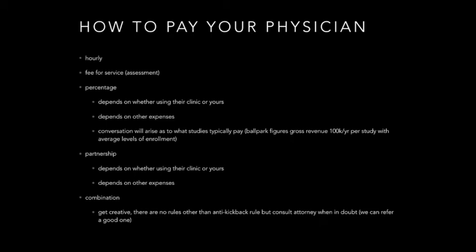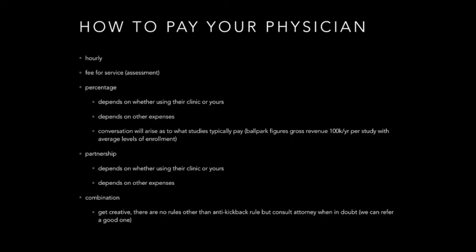And again, you're going to have them as an independent contractor. You're going to pay them as an independent contractor, okay, a 1099. They're going to get a 1099 at the end of the year. And under this model, you're going to pay them a percentage of the gross income that you receive for every study that they're the PI for.